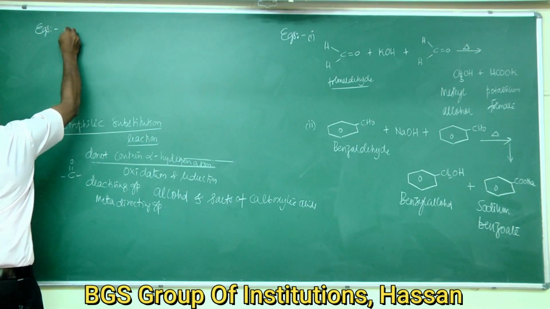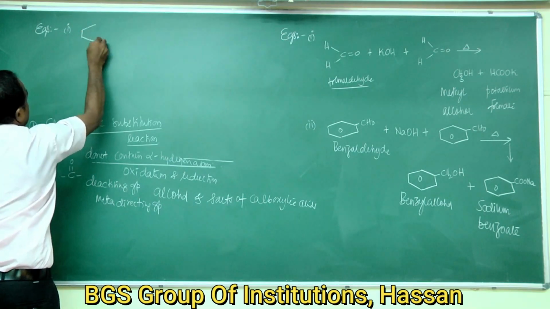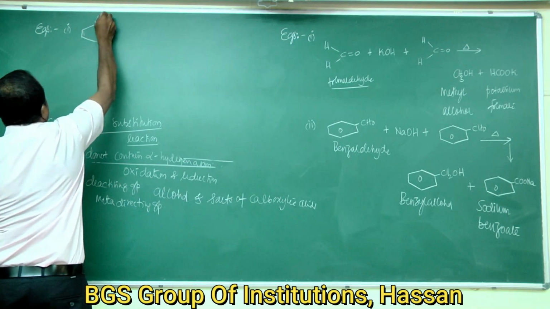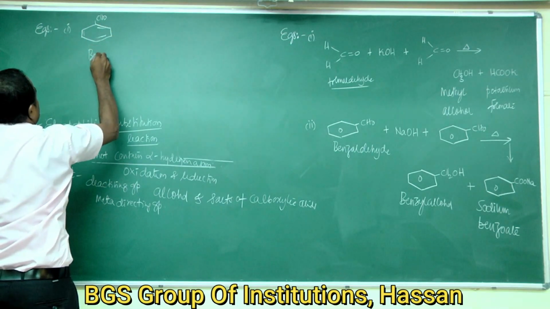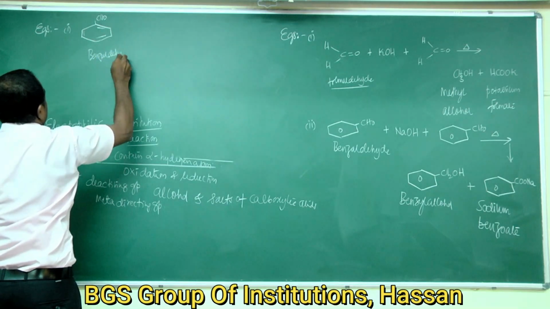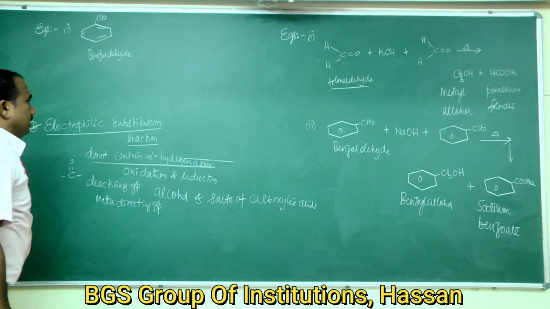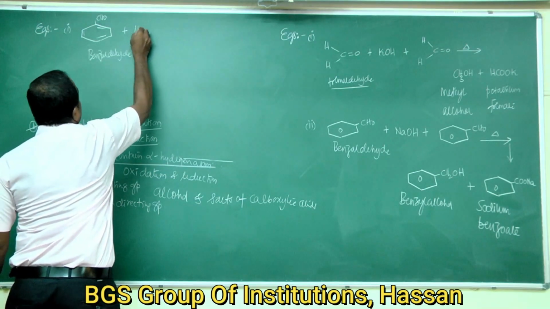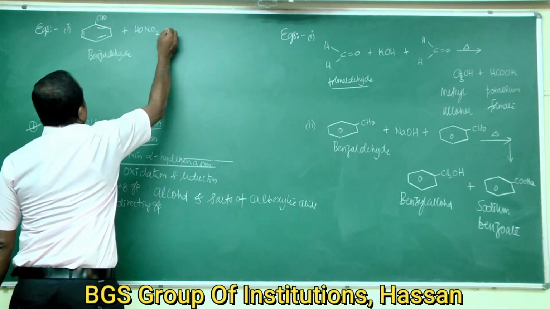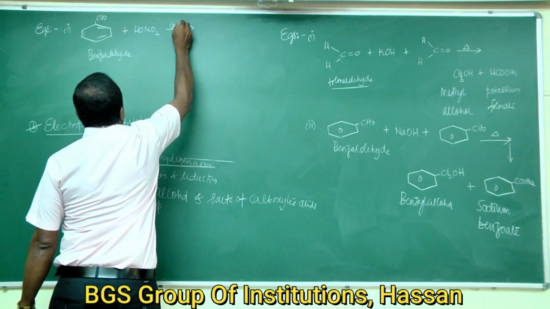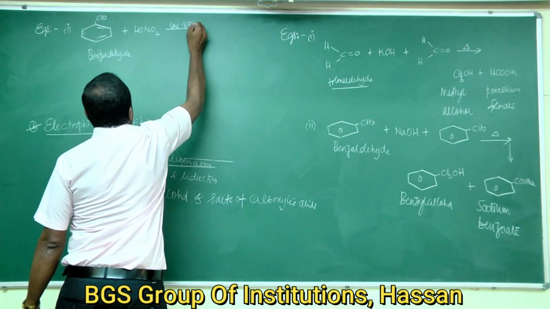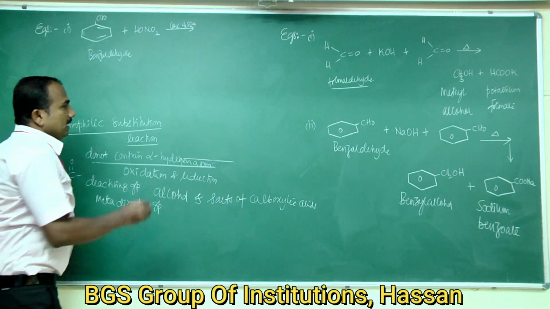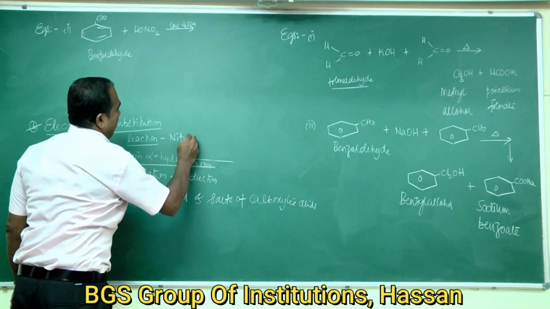First example, benzaldehyde. When benzaldehyde is treated with concentrated nitric acid in presence of concentrated sulfuric acid, that electrophilic substitution reaction is nothing but a nitration reaction.